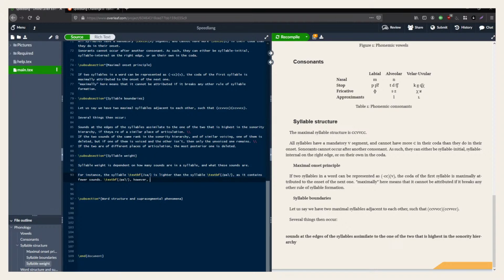However, is lighter than, I'm going to take a more extreme example actually. And it's lighter than pan that I used at the beginning.